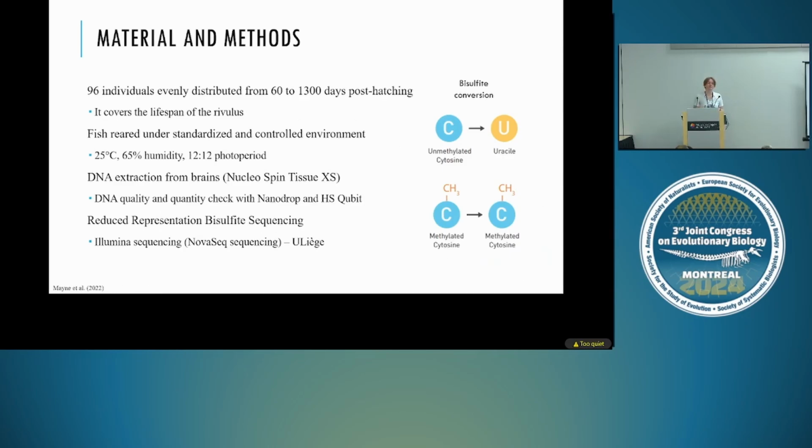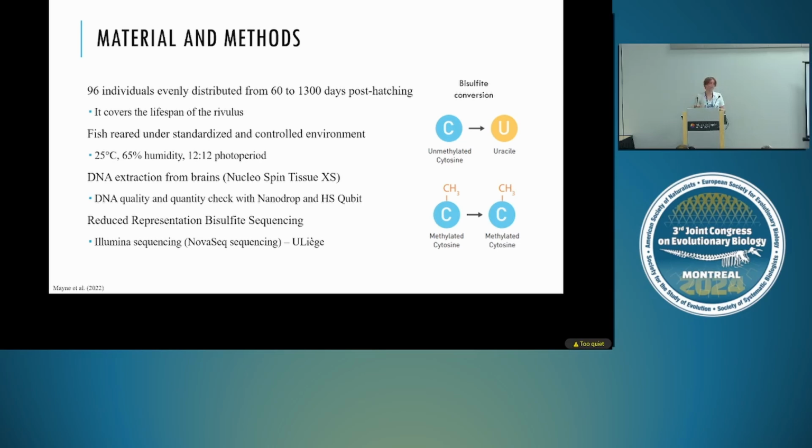So the materials and methods are actually quite classic. I'm following Meaghan's article on optimal sample size to build an epigenetic clock, and I decided to rear 96 individuals under standardized and controlled environments in the lab, and then I euthanize them at a specific time point between 60 and 1,300 days.